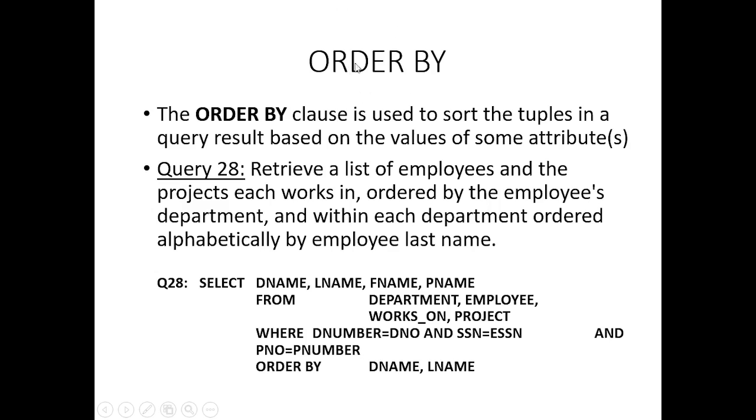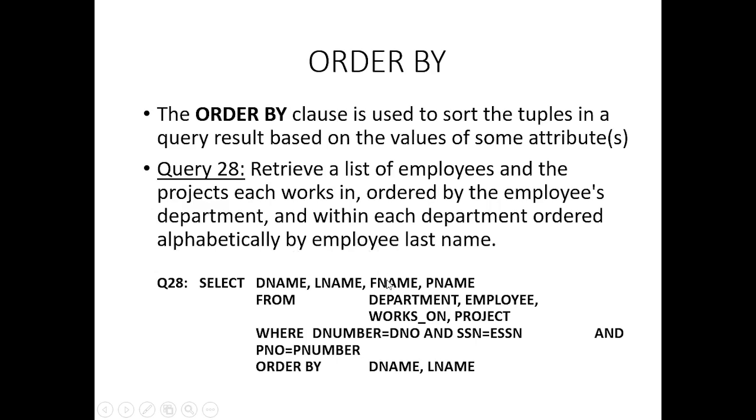Then we have ORDER BY. That is, the ORDER BY clause is used to sort the tuples in a query result based on the values of some attributes. For example, retrieve a list of employees and projects each works on, ordered by the employee's department, and within each department, ordered alphabetically by employee last name.